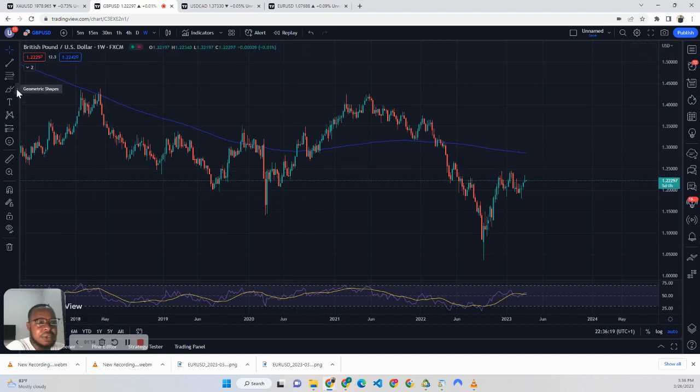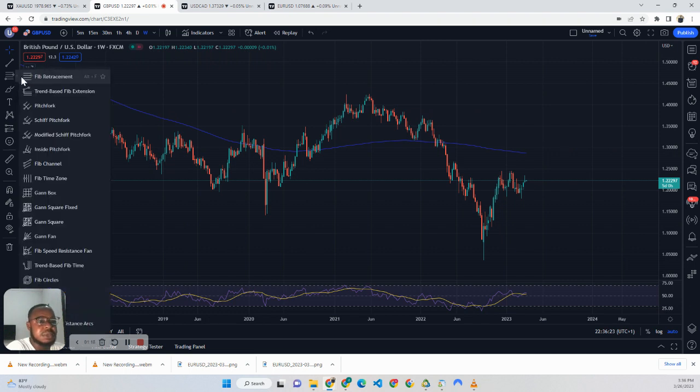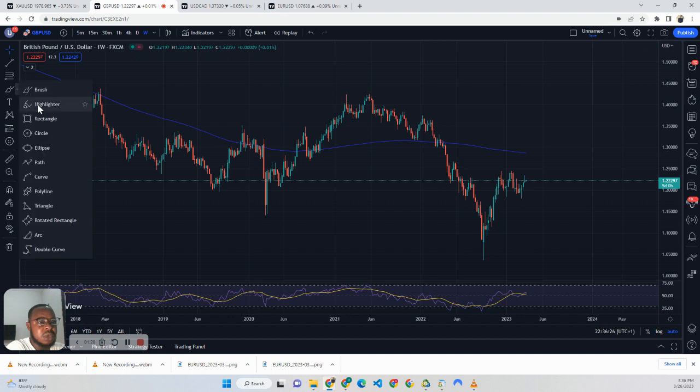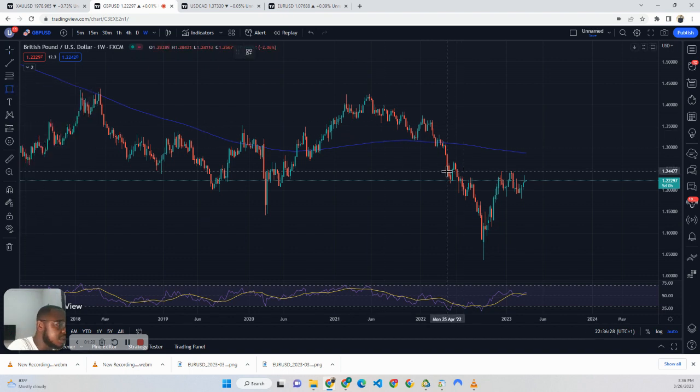I just want to understand the key level of this market so that I will know what I'm expecting on the market. So I will use my rectangle tool to identify the key level I'm seeing on this market on the one week time frame.